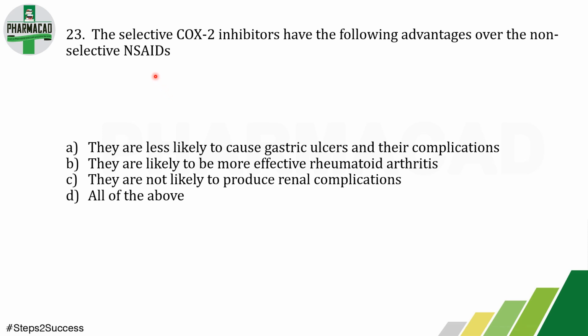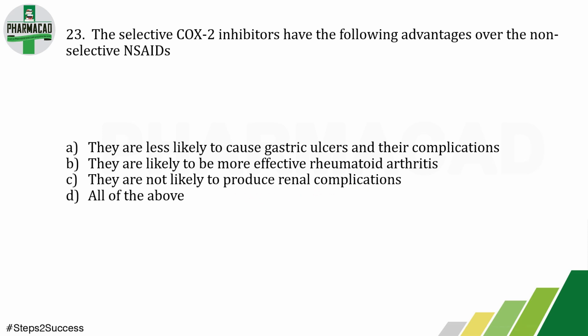Next question. The selective COX-2 inhibitors have the following advantages over the non-selective NSAIDs. So let's see the options. They are less likely to cause gastric ulcers and their complications. They are likely to be more effective in rheumatoid arthritis. They are not likely to produce renal complications, and all of the above.